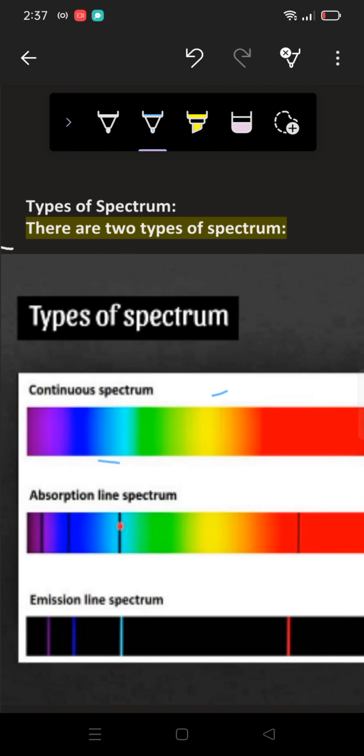The best example of this continuous spectrum is the rainbow after the rain. So the continuous spectrum is the type of spectrum which has no dark or bright spaces between the lines. You can see these are all lines, but there are no clear cut boundaries between the colors.